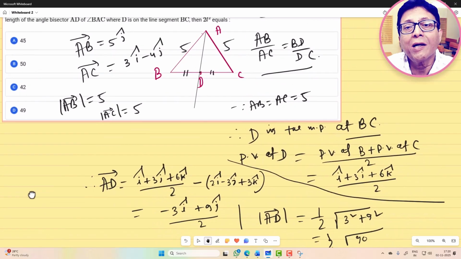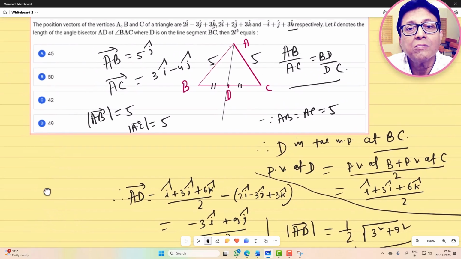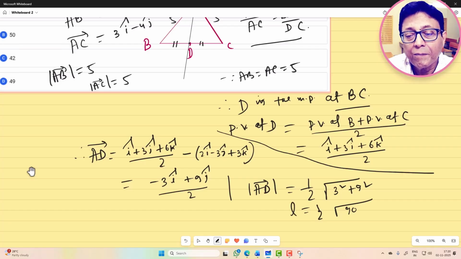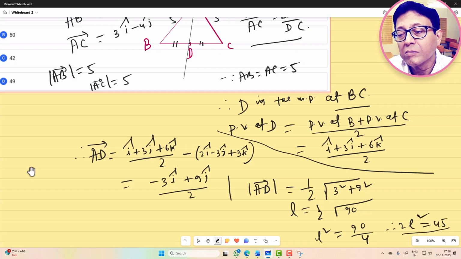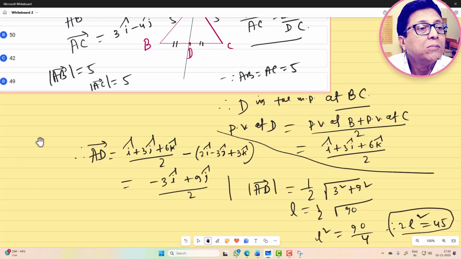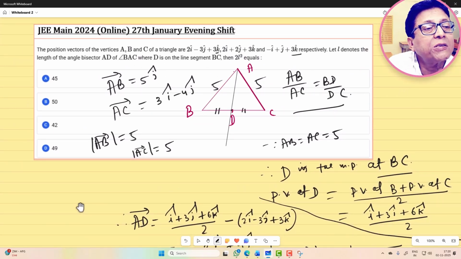They have asked you to find the value of 2L square. This is L. So L square is 90 by 4. 2L square is going to be 45. Okay? 45 is the option over there.